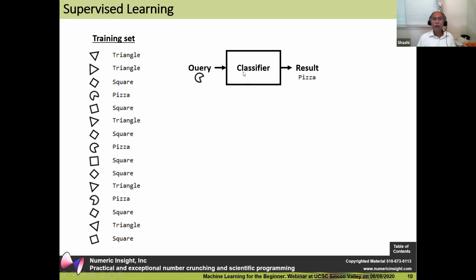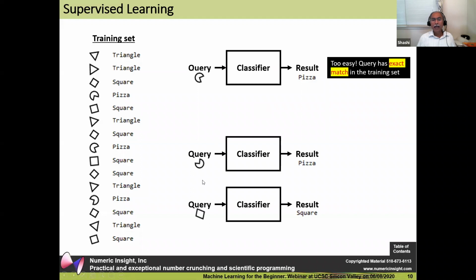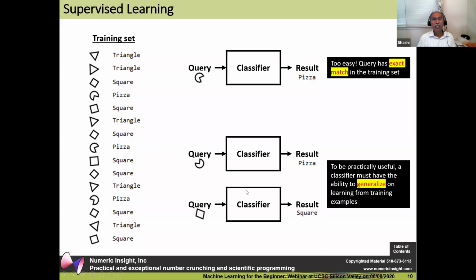We want our classifier to be good enough that it can even answer queries that don't appear in the training set, like this or this. And if your classifier is able to do this, then you say that it has very good generalization. To be practically useful, a classifier must have the ability to generalize on learning from examples.